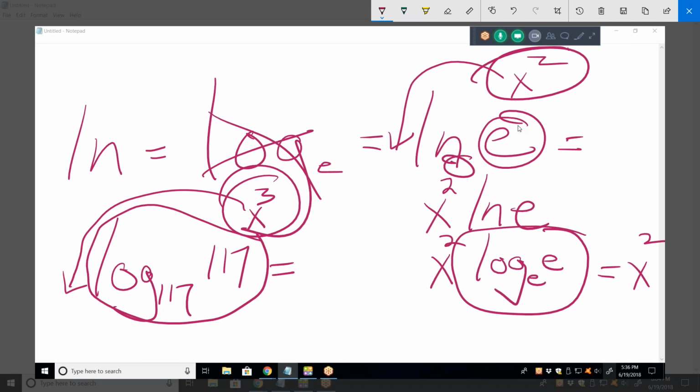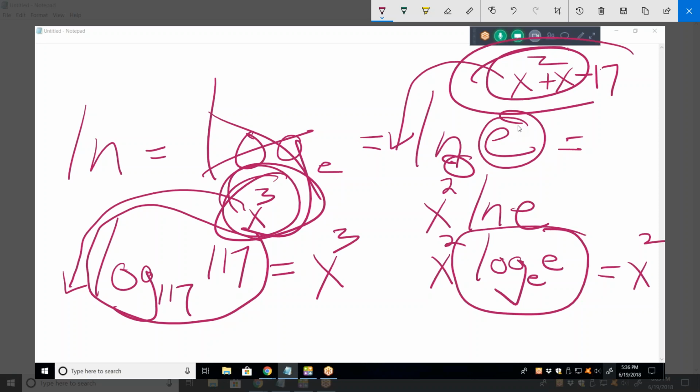So you don't need to do it in 2 steps. Like I said, the answer is always the exponent, whatever that exponent is. If that exponent was x minus 17, then that's the answer. If you're talking about a log whose base matches the argument, then the answer is whatever the exponent of the argument is.